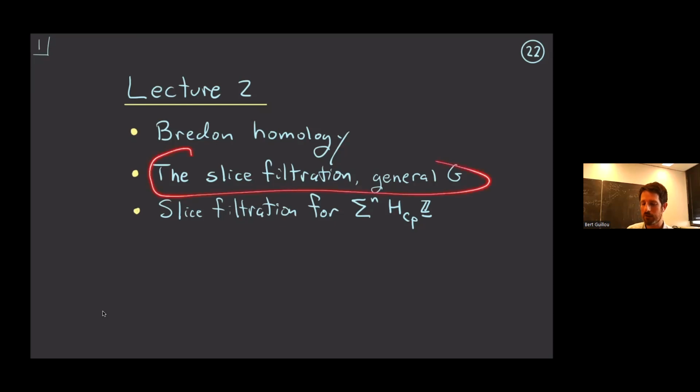And then we'll give the slice filtration in general G. Then we'll look at some examples. In particular, we'll look at some Eilenberg-MacLane spectra and do some examples of the filtration there. This would be obvious in the Postnikov filtration, but in the slice, it's not so obvious. All right, so that's where we'll end for today.